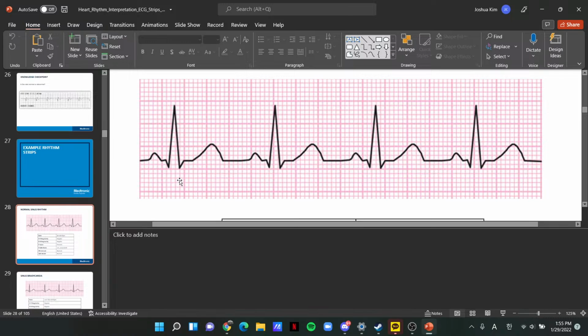QRS is roughly around 2 boxes, so it's 80-ish. R to R is roughly 5, 10, 15, 20 plus 2. 22 times 40 is 880. 880.